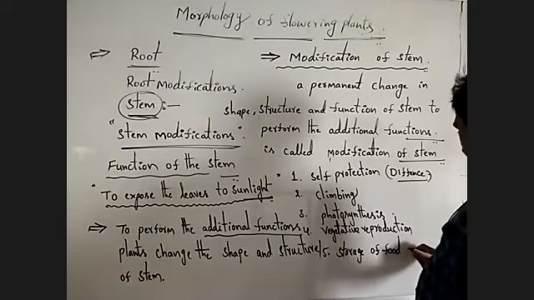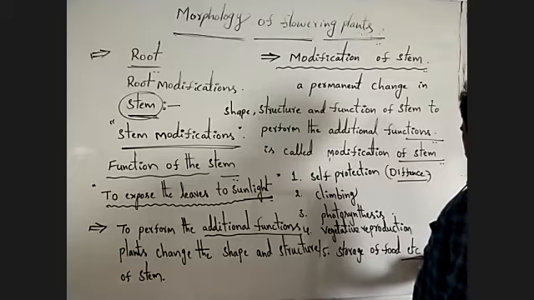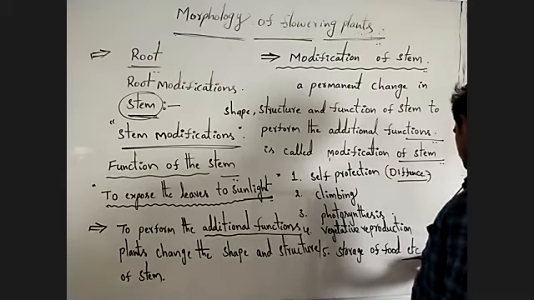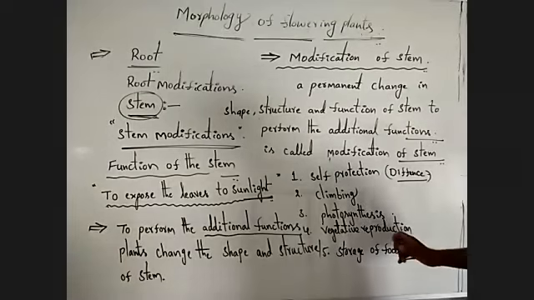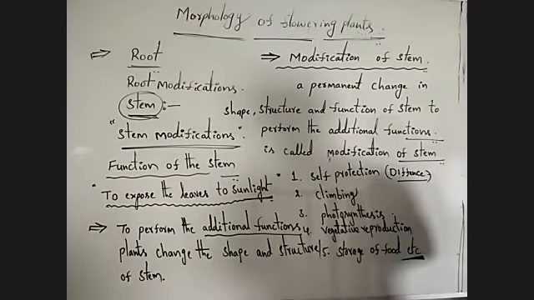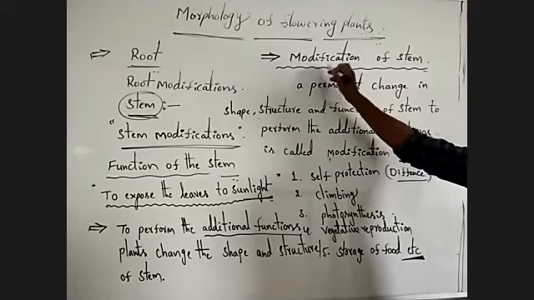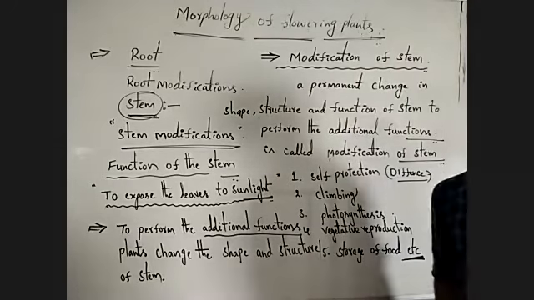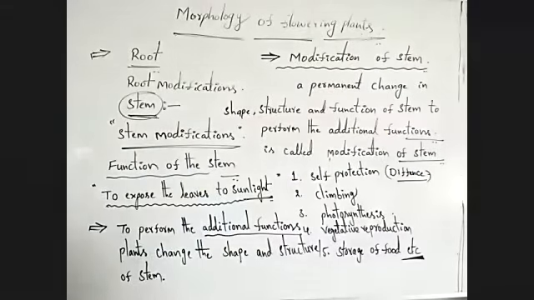Like this, there are different types of functions. To perform these functions, shape and structure of stem is permanently changed. This type of permanent change of stem is called modification of stem.